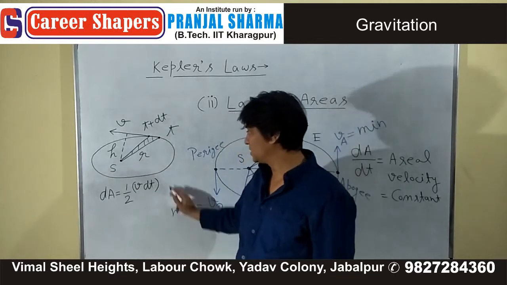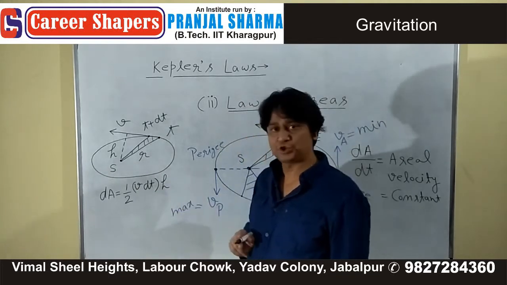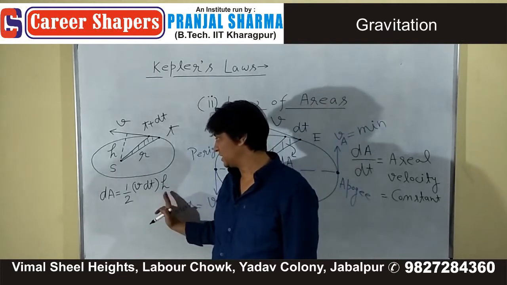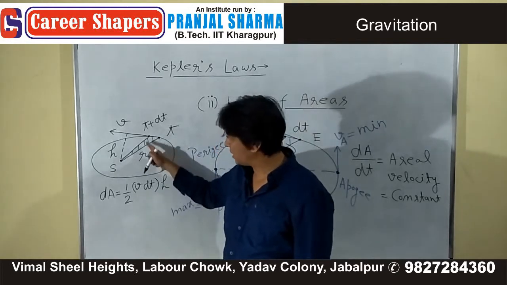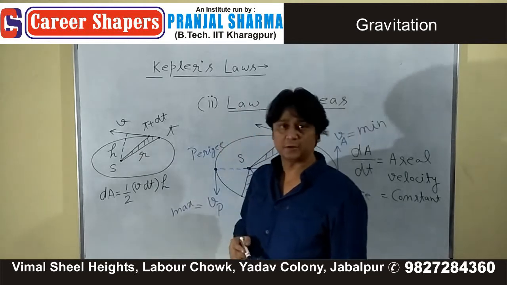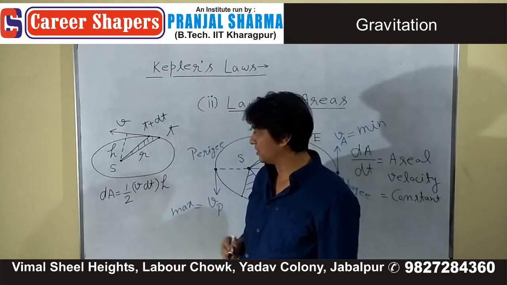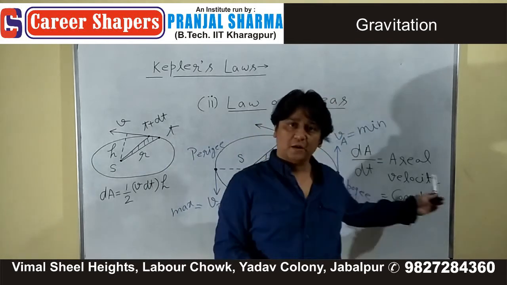That's your base multiplied by h. Half of V dt into height. That's the area represented by the blue shade in this figure. Now, what is aerial velocity?